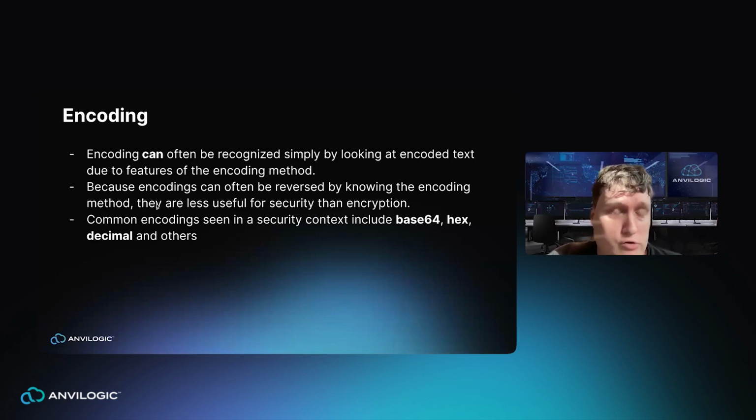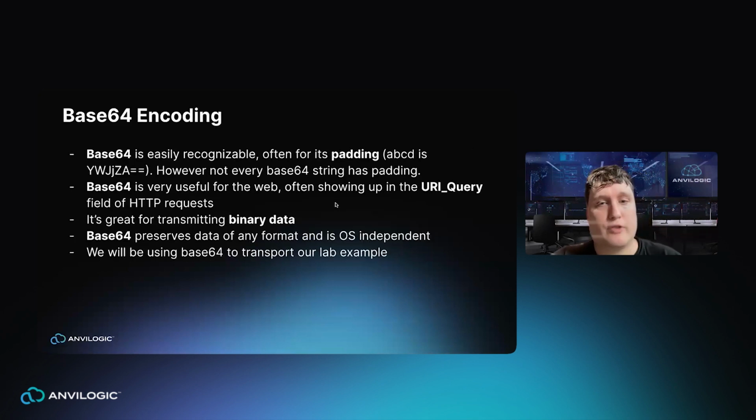It's also used just for regular applications as well. Base 64 is extremely useful for the web, and there are other encoding methods that are useful for cyber and other things that we'll talk about. The ones we're going to go over in this presentation are base 64, hex, and decimal, but there are many, many, many others. The first encoding we're going to go over here is base 64.